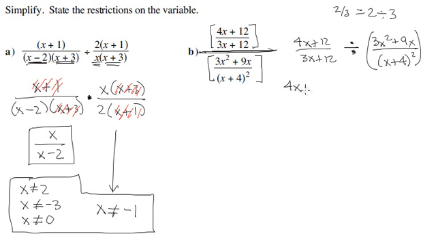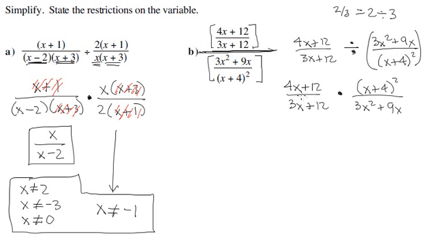So 4x plus 12 over 3x plus 12 times x plus 4 squared over 3x squared plus 9x. There we go. The division is dealt with. We've still got 2-level fractions, which isn't so bad.